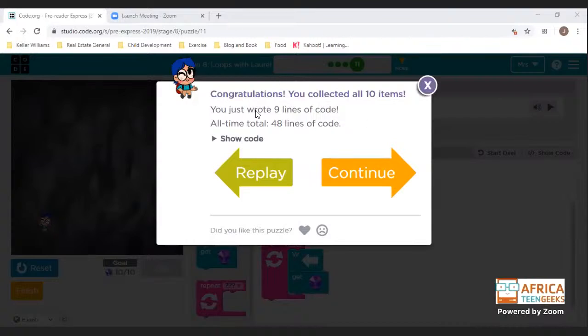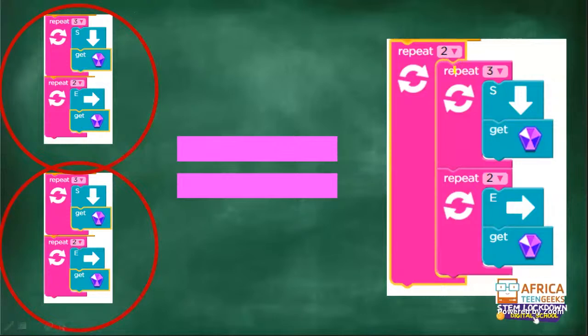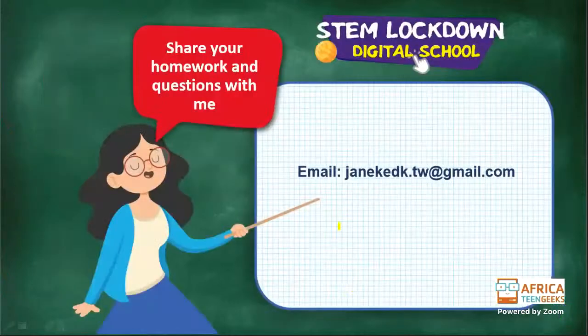Let your mommy or daddy quickly copy that link for you in the chat box. You did a really fantastic job. Here is my email address. Take a screenshot, or you can write it down, or you can take a photo of it.